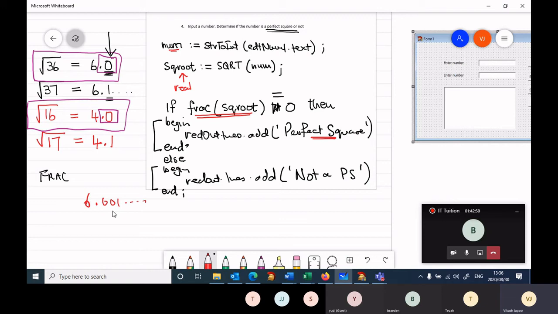I'm not saying that that is the answer, but this is not equal to 0. And because it's not equal to 0, that condition will fail and it will say it's not a perfect square. So this is how you would solve this problem. There are other ways in which you could solve it, but this is just one particular solution.